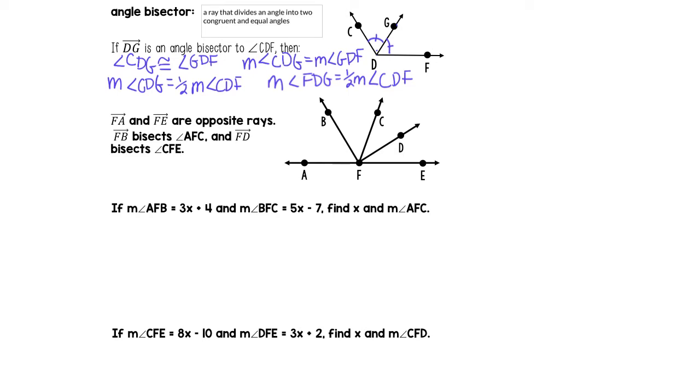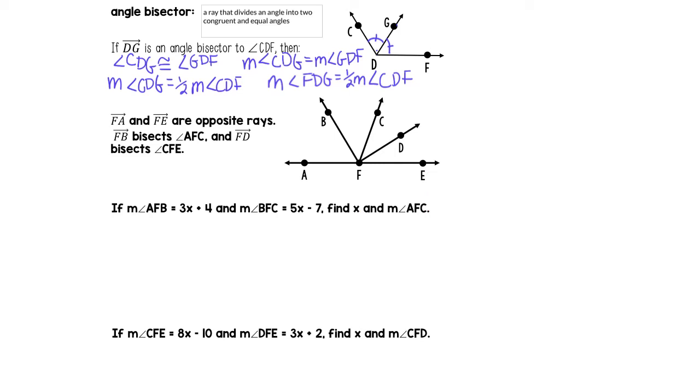Next, ray FA and ray FE are opposite rays. That means they're heading in exact opposite directions. Ray FB bisects AFC, and ray FD bisects CFE.